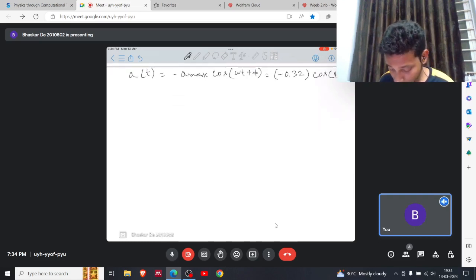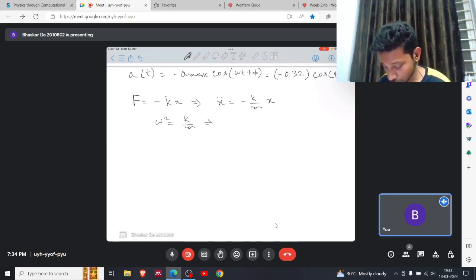Now, as I mentioned, the equation of motion can be given as F equals minus kx, from where you can write x double dot equals minus k by m times x. If you compare this with the equation of motion for SHM, you get omega squared equals k by m, or omega equals root over k by m.